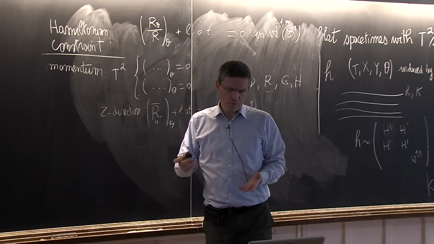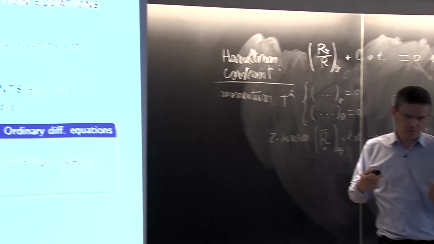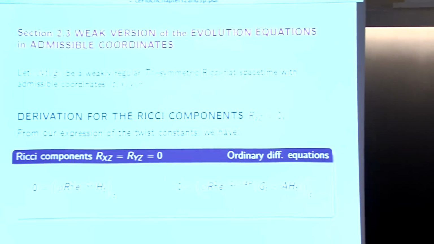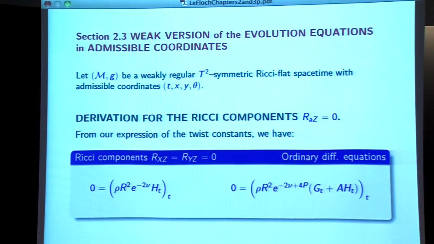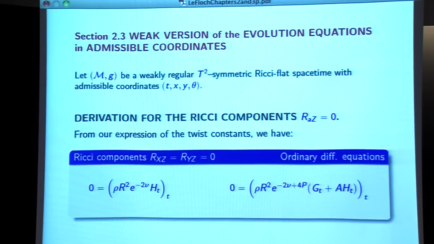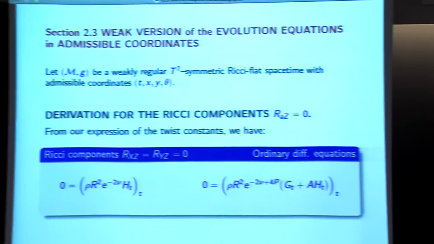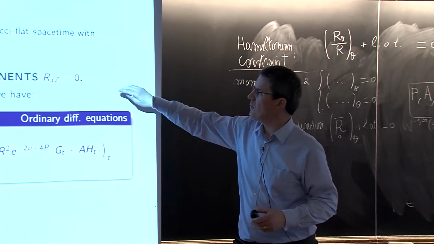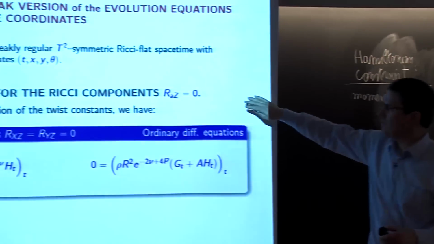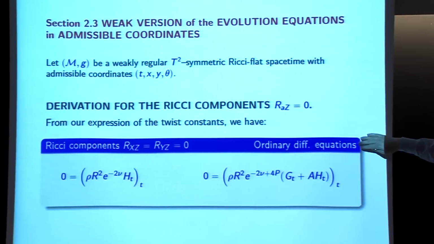Now we move on to write the weak version of the evolution equations in admissible coordinates. We are given a weakly regular T2 symmetry Ricci flat spacetime with admissible coordinates. And we start with a Ricci component, the Ricci component RAZ. So we have two components, RXZ and RYZ.